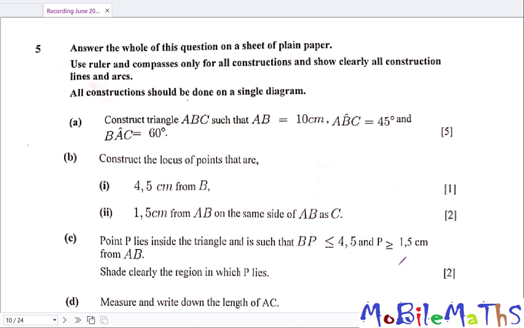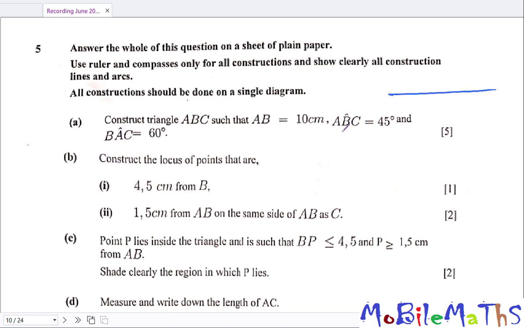When you are answering such a question for construction, my advice is whenever you get a question, before you even construct, sketch it to see how it looks and try to put your angles at the bottom. So here, they said we have got triangle ABC. AB is that, so I can have my AB.